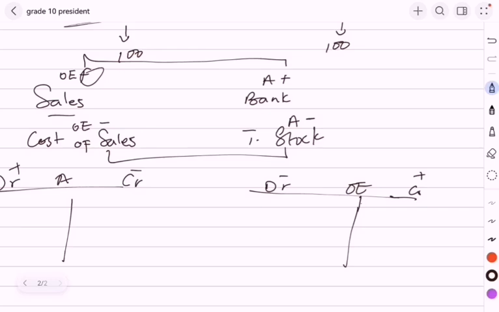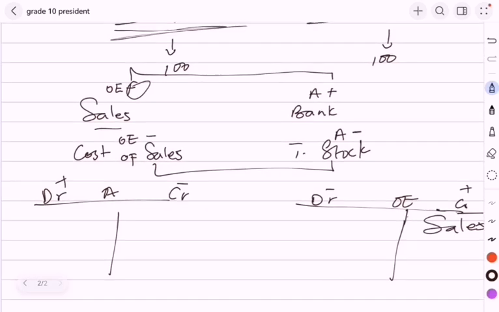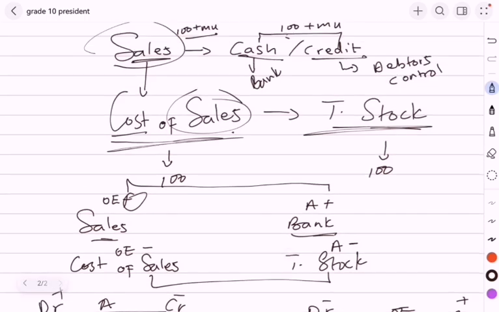It's increasing, but on which side does it increase? On the credit side. Then when it comes to bank, what's happening? It's also increasing. It's an asset, but it's going to affect an asset. On which side does your bank increase? On the debit side. So meaning for these two beautiful friends there, bank is going to be debited and sales is going to be credited.